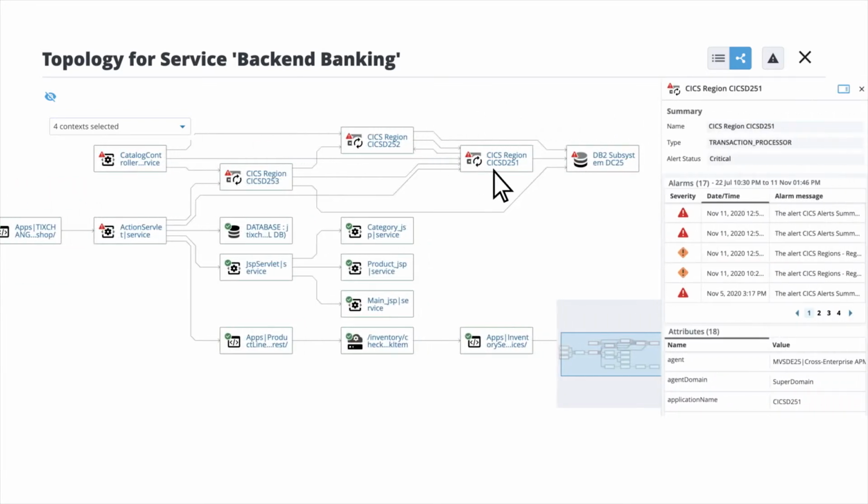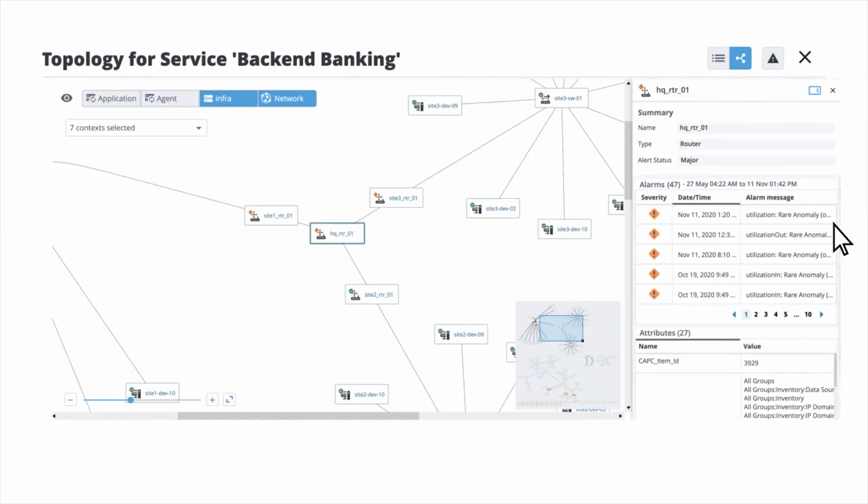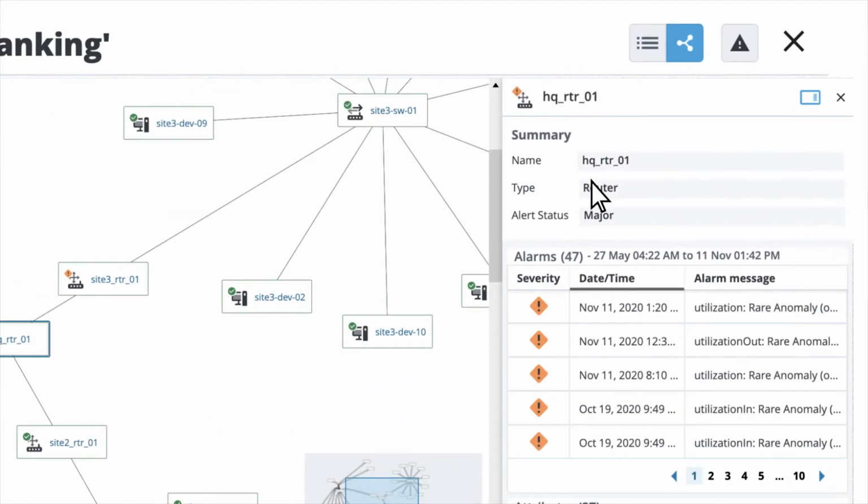Here you can see that the issue is related to the mainframe CICS server. You can expand to see the actual alarm, which is sourced from the mainframe operational intelligence. Similarly, clicking on network will give the hub and spoke view of the network devices, say Cisco switches and Arista routers. I can click on the affected router and see all the details.